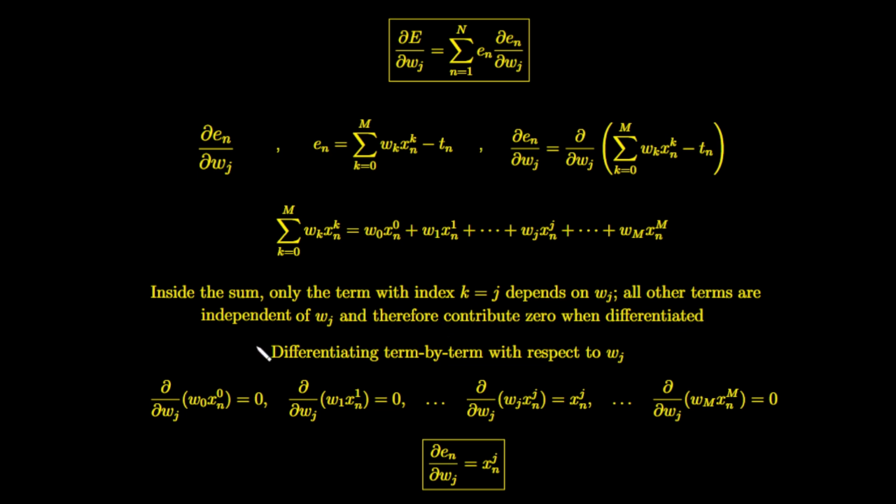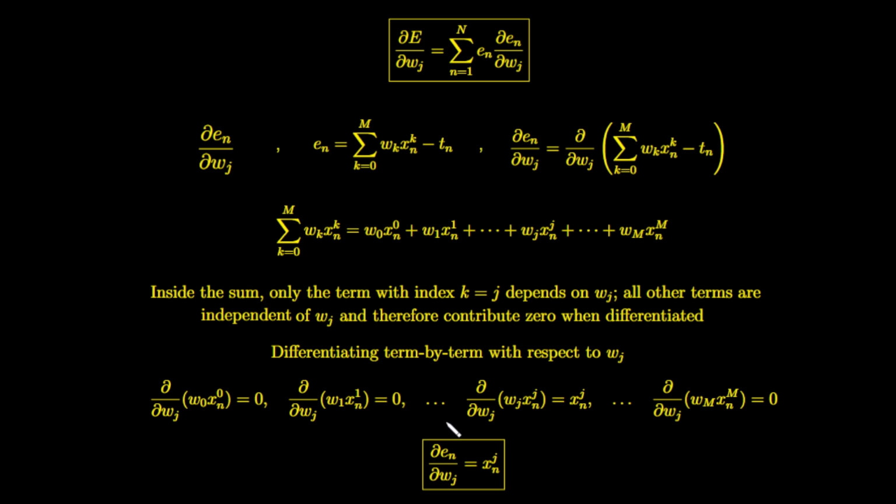So we can look at this in detail here. So if you did partial by partial wj of w0 xn0, we're going to get a value of 0. Because all of the other values, j is going to be independent of the value omega unless the value j here is the value of 0. And the same here, unless the value for j is the value 1 in this equation here, then we'll get 0.